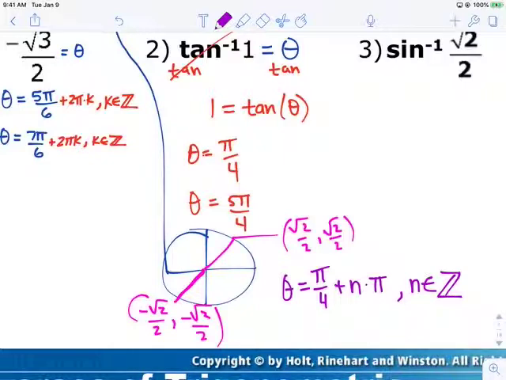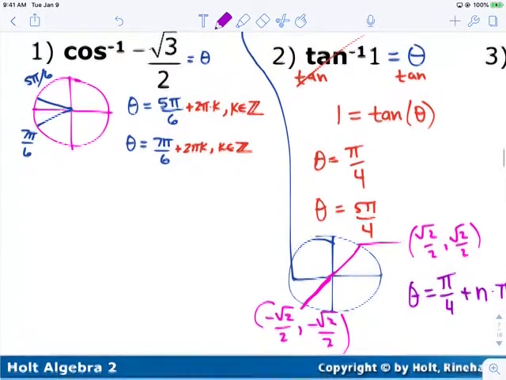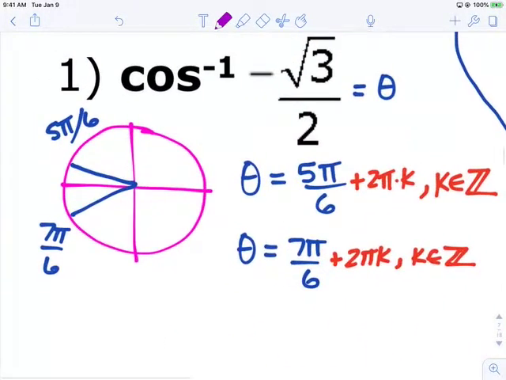Why doesn't it work for the other one? Take a look at the picture. If I start here and I add pi to it, where will I be? Over here. So you see that? So that's why it doesn't work. It only works if they form a straight angle.